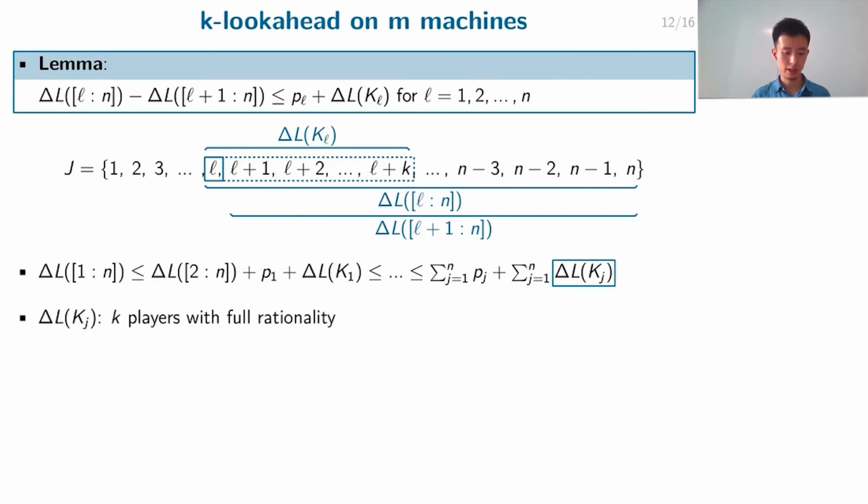As to the delta LK, because each user has k look-aheads, there are only k plus 1 jobs in KL. So delta LK actually corresponds to the case of k players with full rationality.